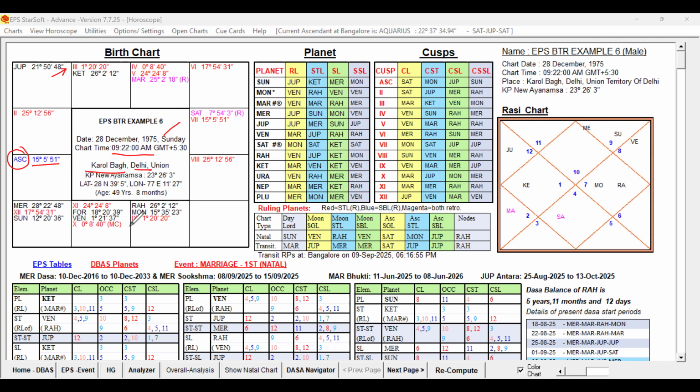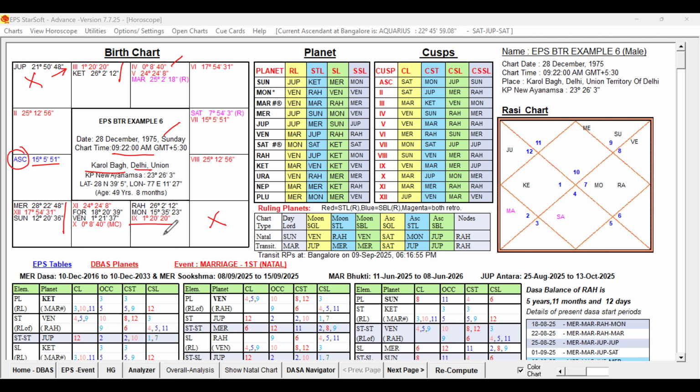Similarly, 9 is falling in Libra, 1 degree 20 minutes. So no cusp is falling in Virgo and also in Pisces. Instead, you can see 4 and 5, two cusps are falling in Taurus, and 10 and 11 cusps are falling in Scorpio.